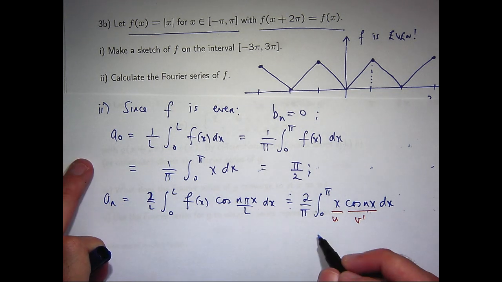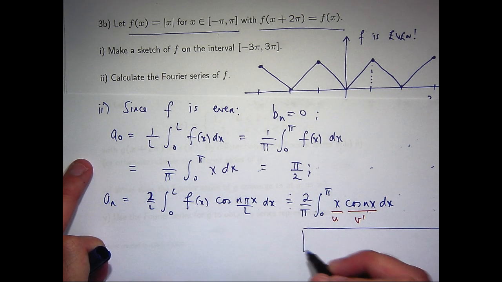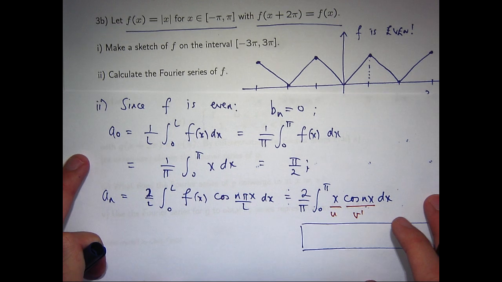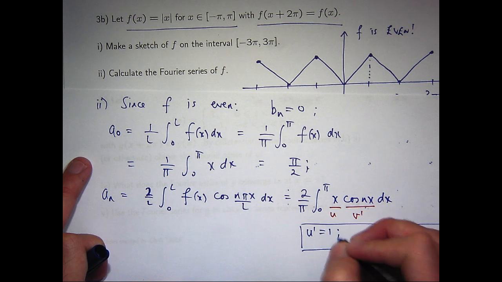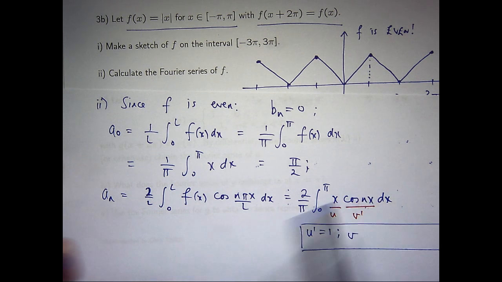Then u prime is just the derivative of x, which is 1. And v is the integral of cosine nx. Cosine goes to sine, and to touch up, I divide by n, so it'll be 1 on n times sine nx.